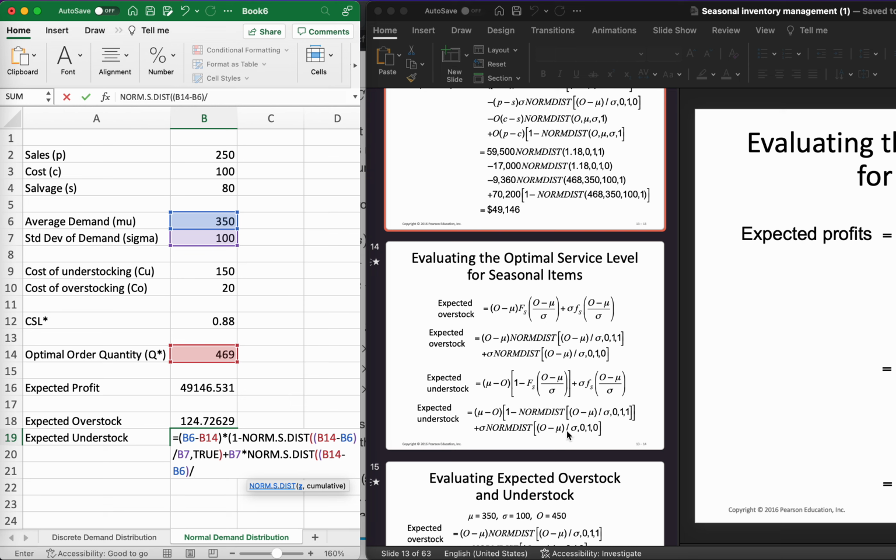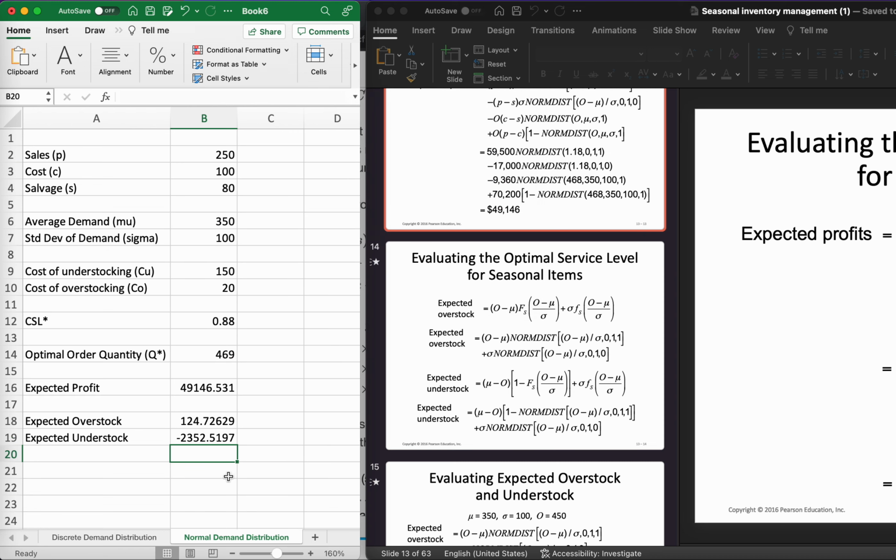So yeah, divided by standard deviation, and then that's it. So this time it's false. Not looking at a cumulative distribution. That's that.